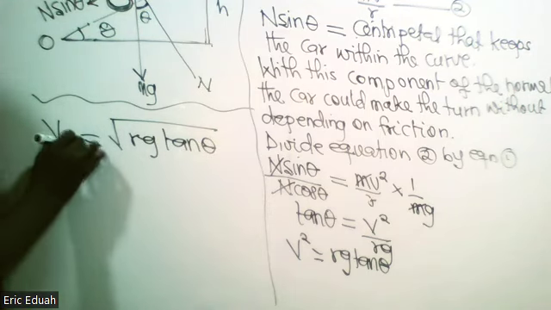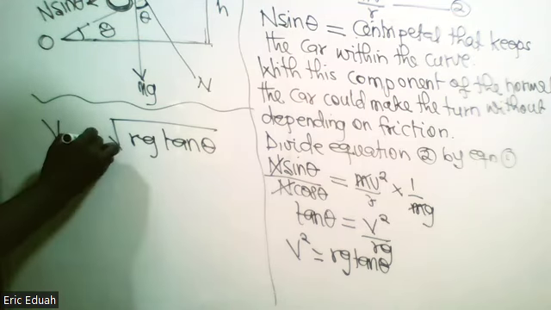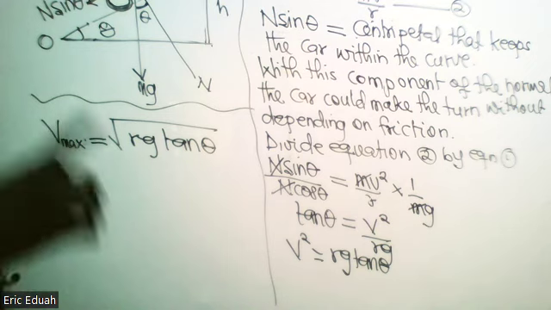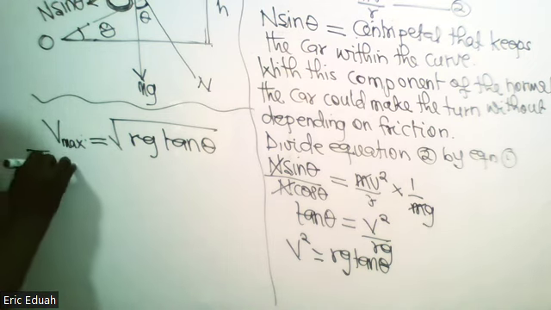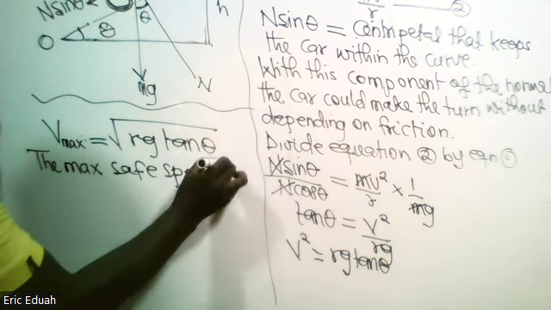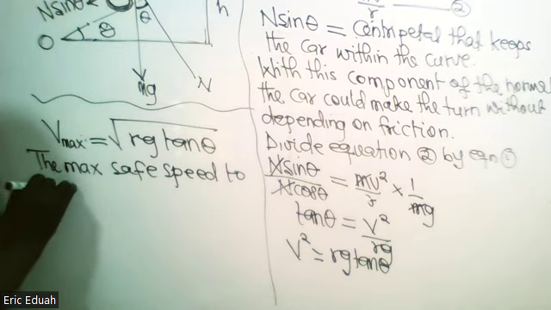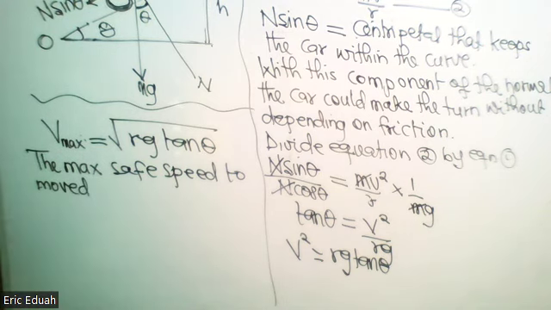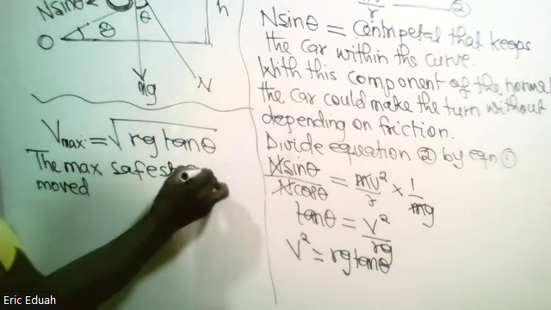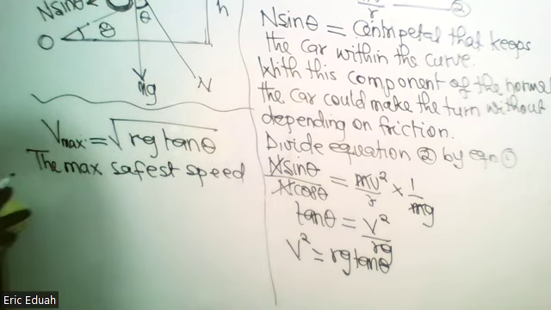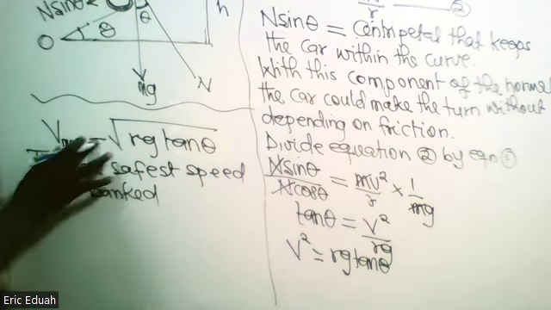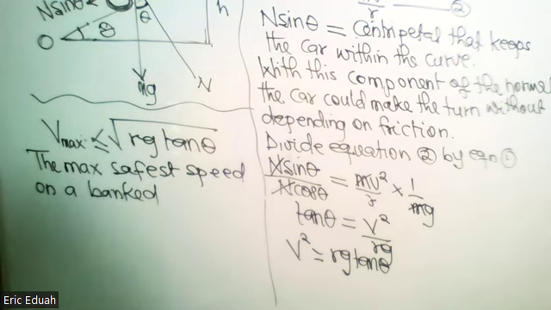And this gives us the expression for the maximum speed on a banked road, implying that the maximum safest speed on a banked road must be anything less than or equal to the square root of that.